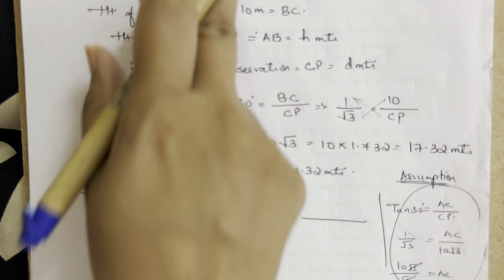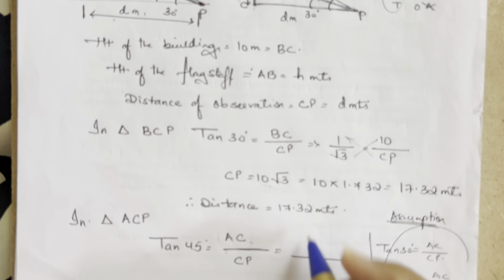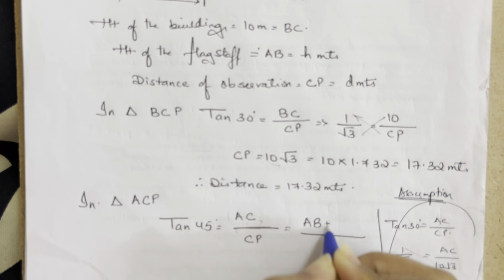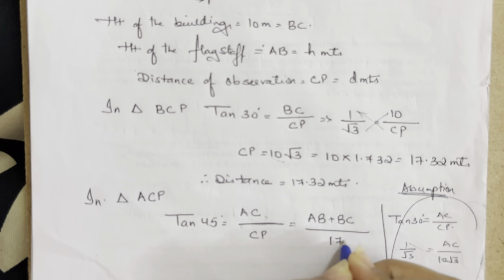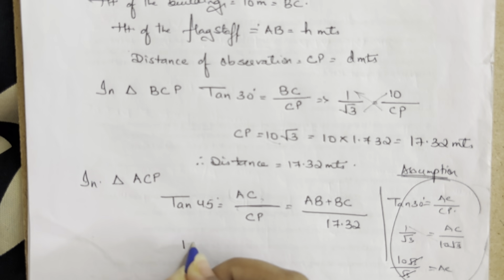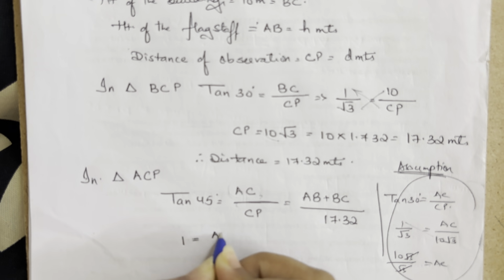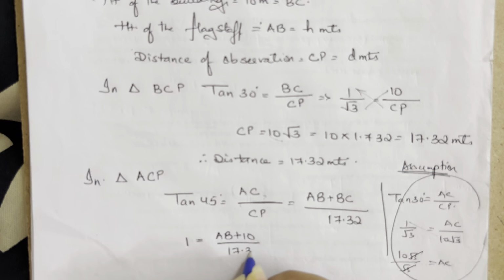But I know AC is a combination of AB plus BC. AB plus BC upon CP, which is 17.32, is what I know. So tan 45 is 1, which is equal to AB plus BC, which is 10 meters, divided by 17.32.